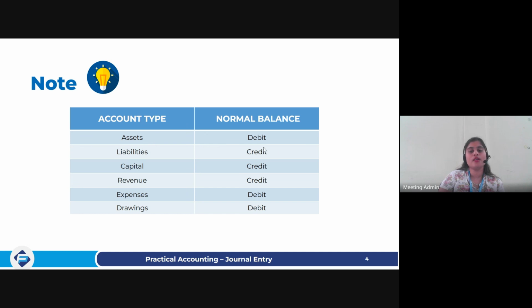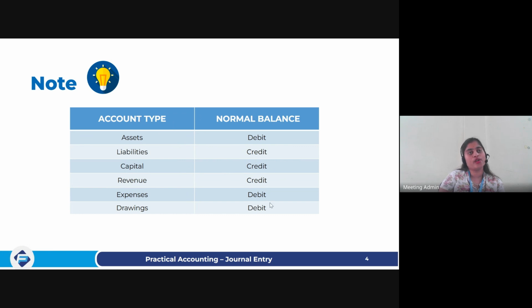Those items you're going to record under the debit side. Liabilities are continuous in nature, which you pay over a long time. It can be GST, IT and the rent. What is continuous in nature comes under the liability. You're going to record it under the credit side. Capital, you record under the credit. Revenue, you record in the credit.